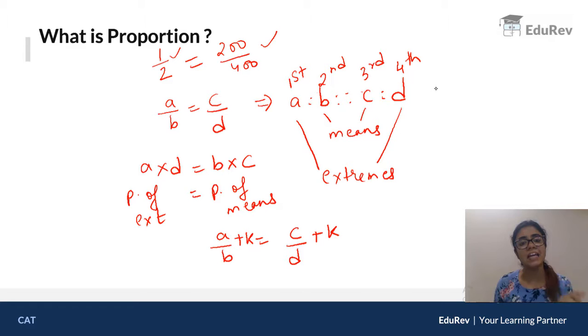So if I add K on both sides, both of them will still be in proportion. Similarly, if I subtract K on both sides, they will still be in proportion. So whether you add the same number or subtract the same number, they are still said to be in proportion. Using this concept, we can derive a few more concepts. Let's understand.